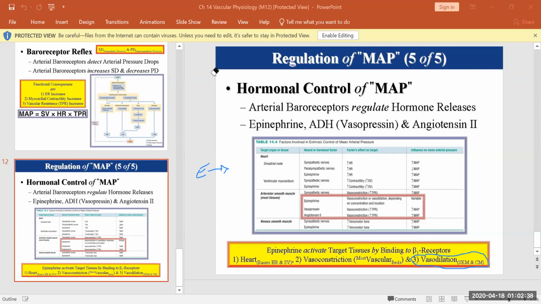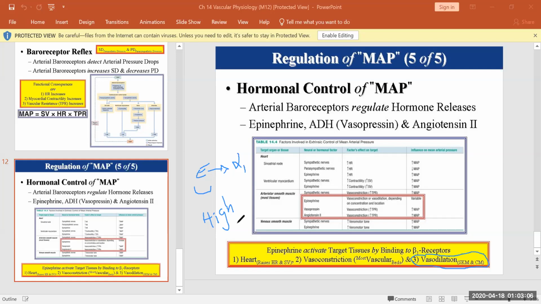Now, epinephrine also can activate alpha 1. But there's a catch. Epinephrine will activate alpha 1 only if the concentration of epinephrine is high, because alpha 1 receptors do not have high affinity for epinephrine.